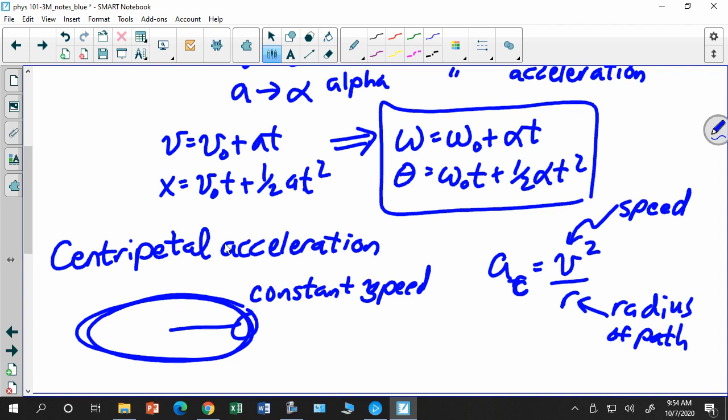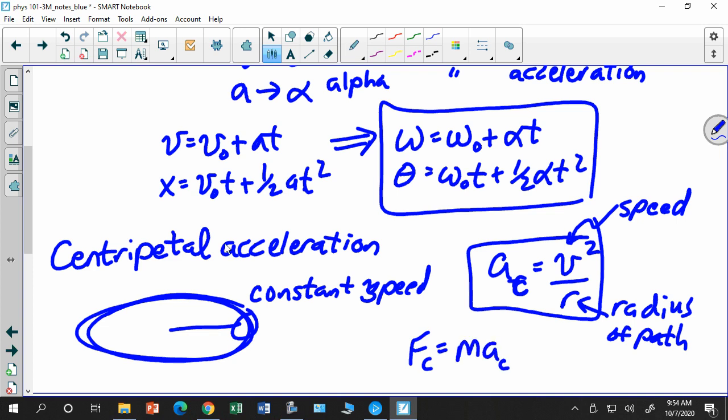All right, so that's our centripetal acceleration. Our centripetal force, F_c, is equal to the mass times the centripetal acceleration, which is equal to mv squared over r. Just substituting that centripetal acceleration into Newton's second law to figure out what force is required to cause this acceleration. Okay? Those were the ideas that you were dealing with in the lab with the ball going around in a circle.